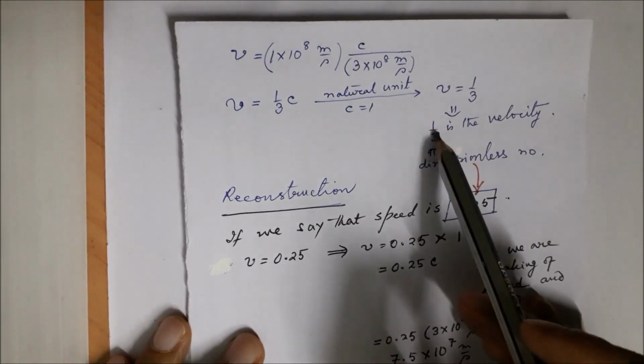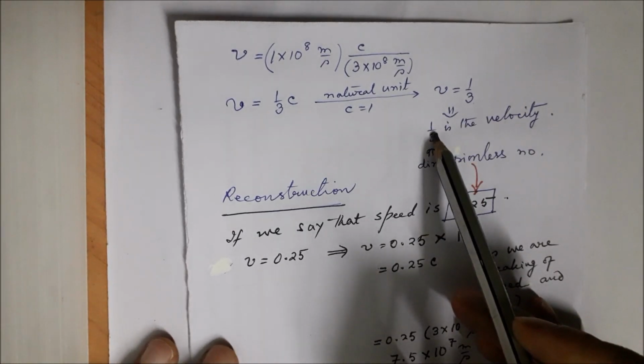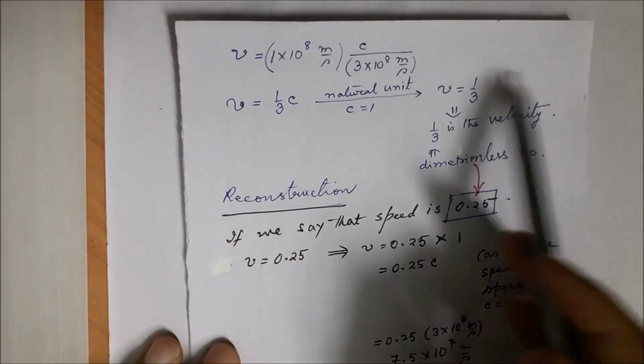So velocity is 1/3. This is what we get in natural units.